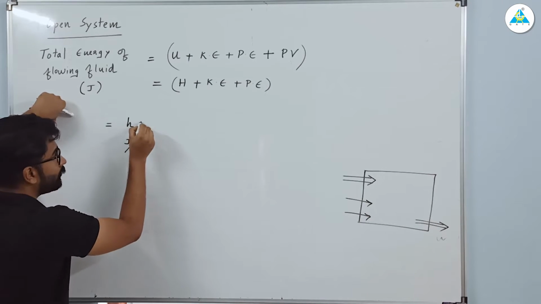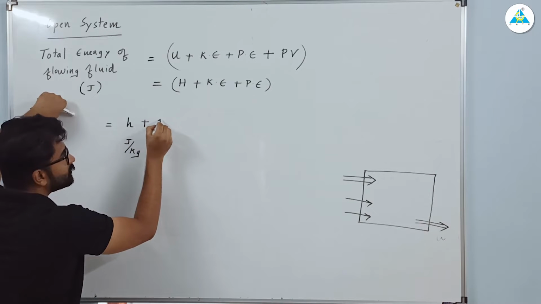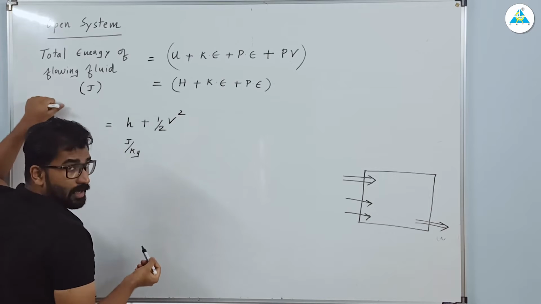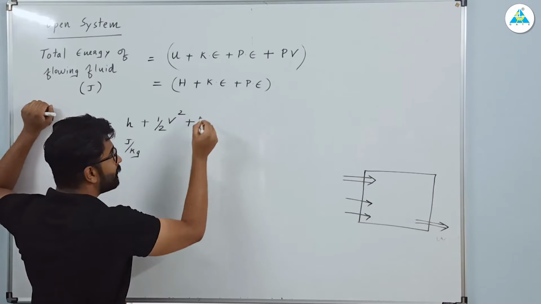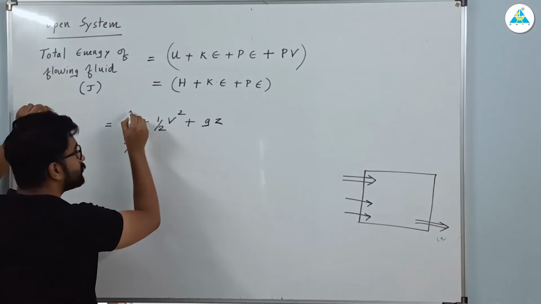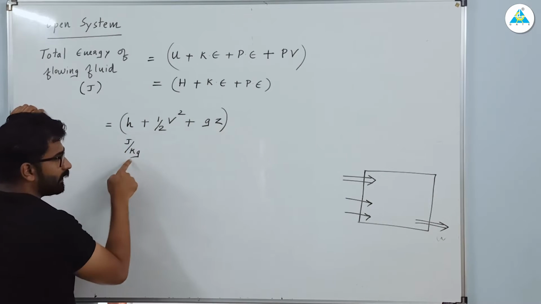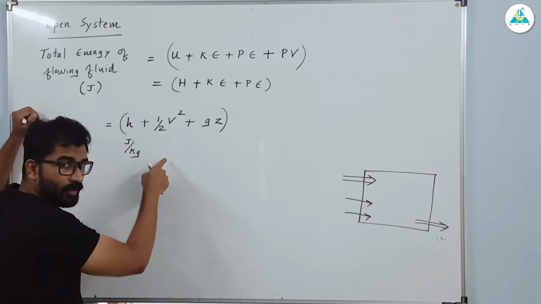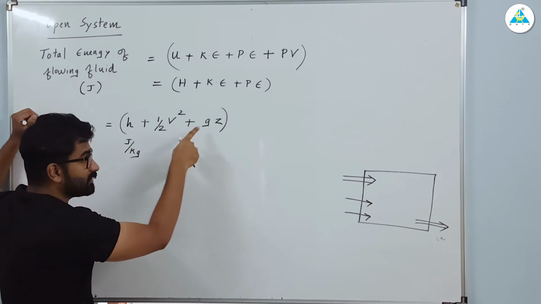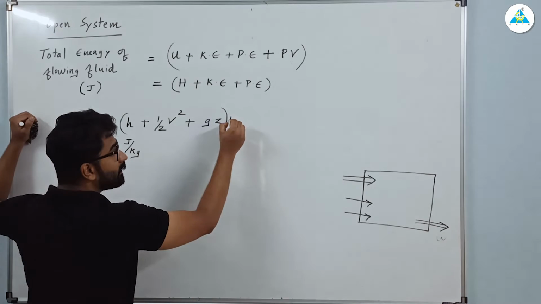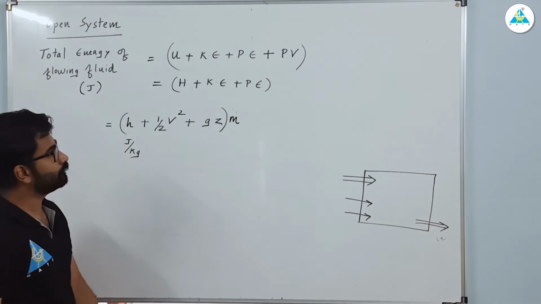Plus kinetic energy, I can write it as what? Half mv square, but I am writing it as half v square. Plus potential energy is mgz, I can write it as gz. So every unit is in joule per kg, because half mv square divided by m is joule per kg, and mgz divided by m is joule per kg, multiplied by mass flow rate.